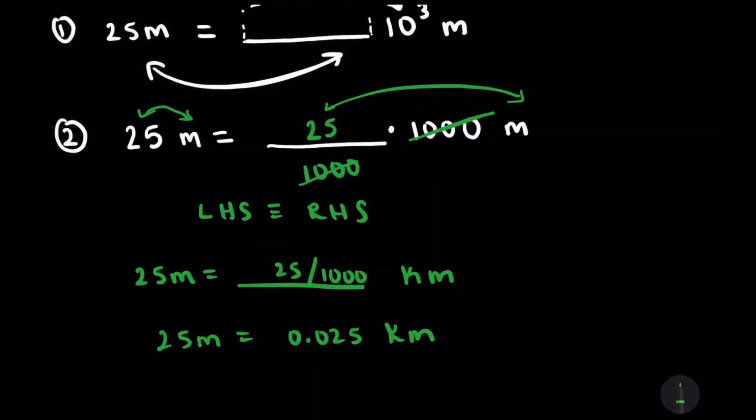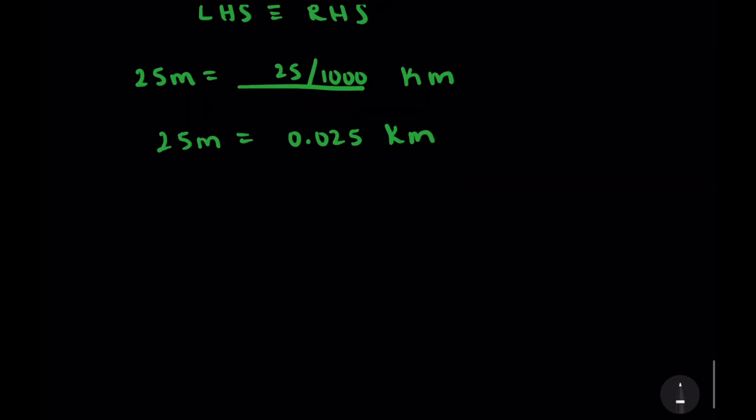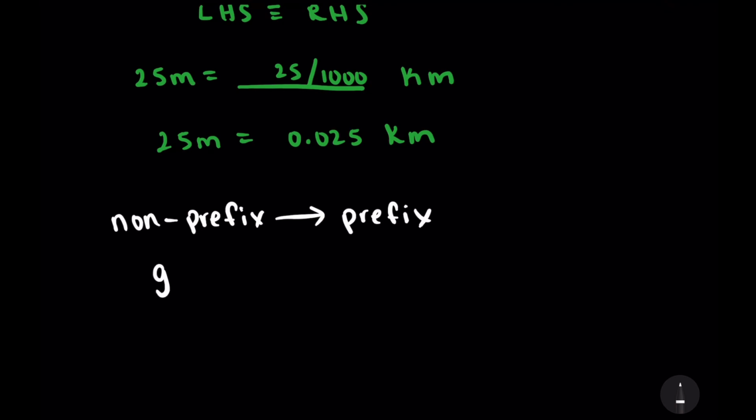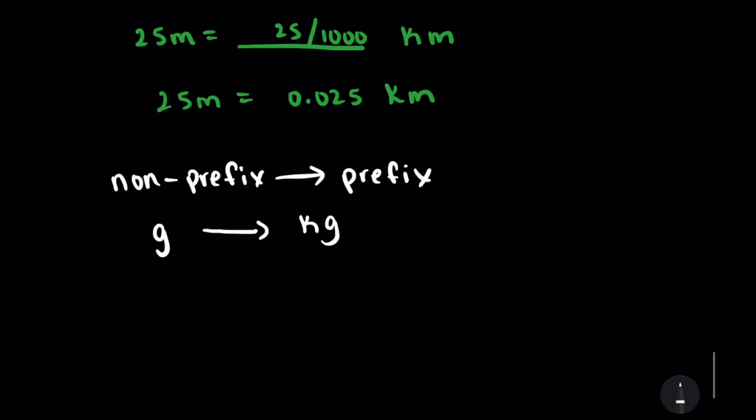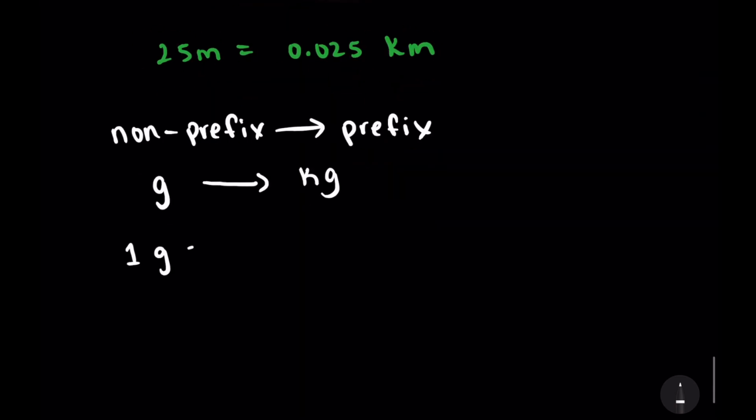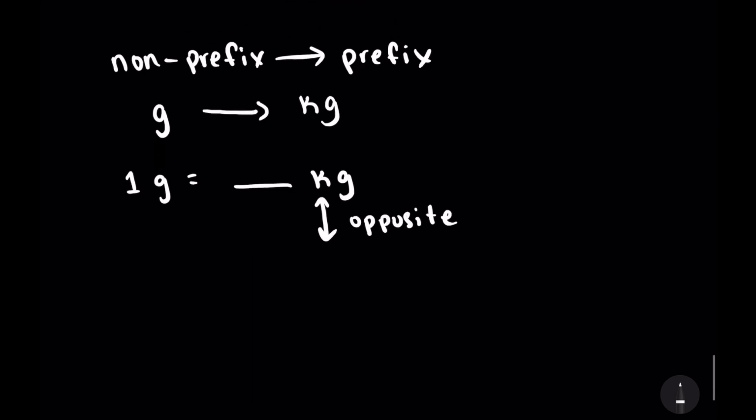So that's one way to think about it. How I have trained my mind to do it is that if I'm going from non-prefix to prefix, so let's say I have my grams to kilograms. If I have 1 gram is equal to some amount of kilogram, what I do is just take the opposite of what this prefix on the right-hand side means.